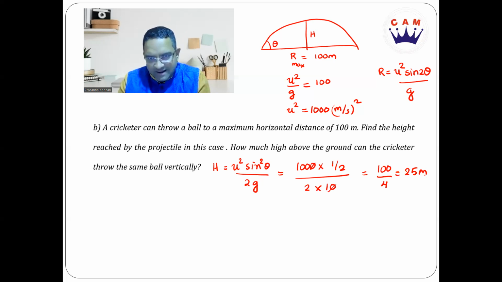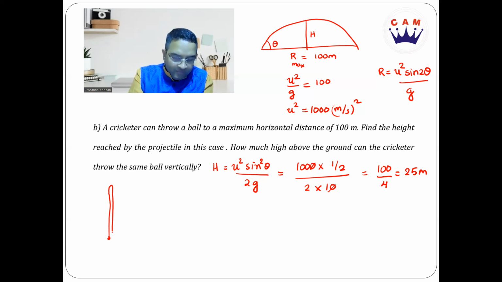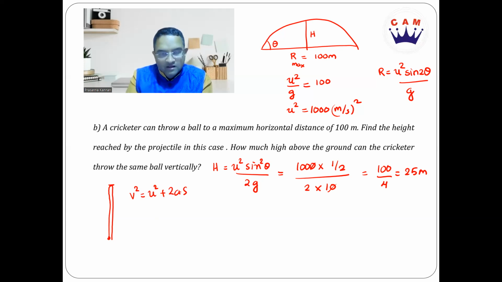The same ball, if the guy is going to throw it vertically, then what would be the maximum height attained, right? I hope you know this by heart, but I'm just deriving it using V square. At the topmost point, what will be the velocity in vertical throwing? 0, absolutely.